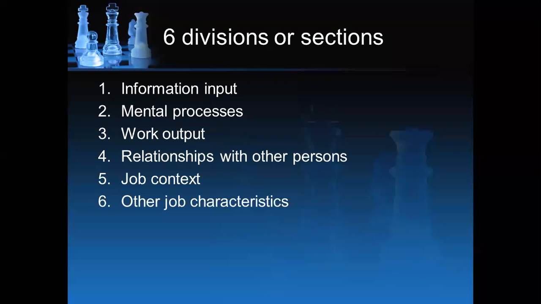Then the fifth category talks about the physical and social context in which the work is performed. That is nothing but the job context. Physical context means, I'll give a simple example, the physical environment. Let us say you are supposed to work in an iron factory, like Jindal, a company which mainly manufactures steel.